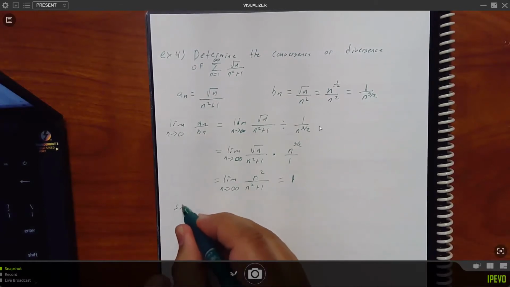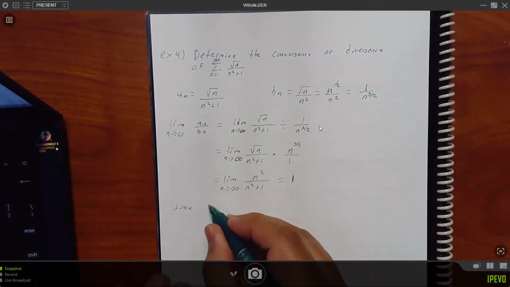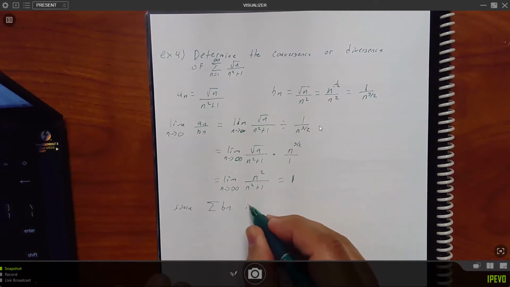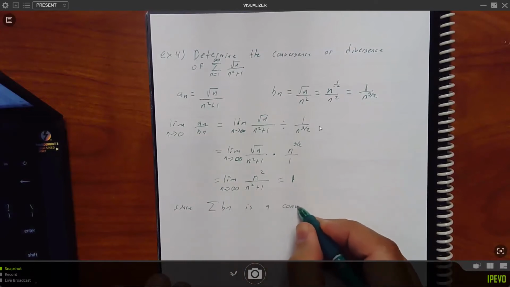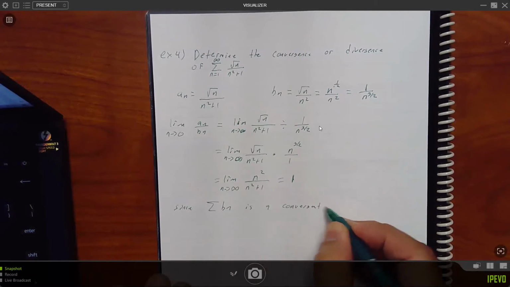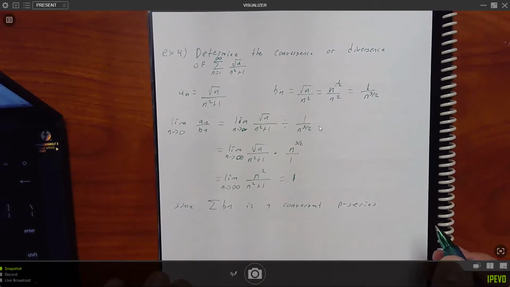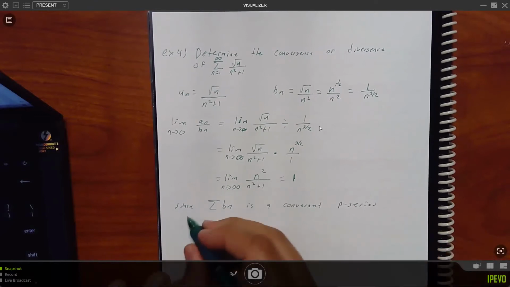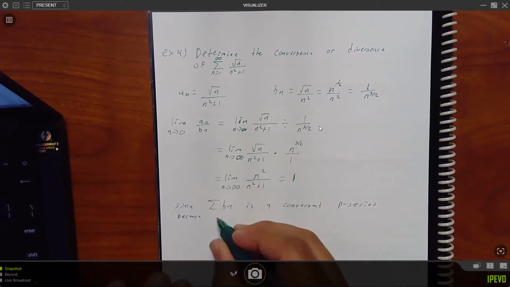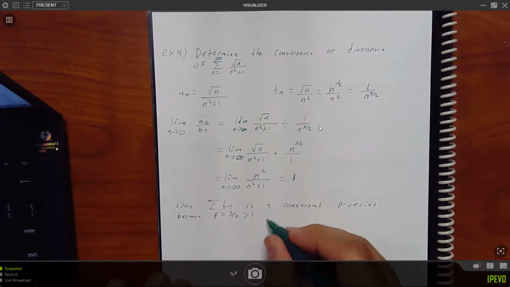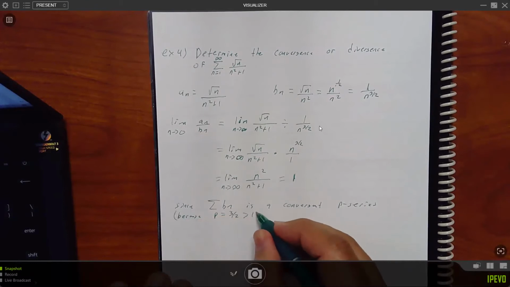So since the series of b sub n is a convergent p-series, because p is equal to 3/2, which is greater than 1, this is my justification for that.